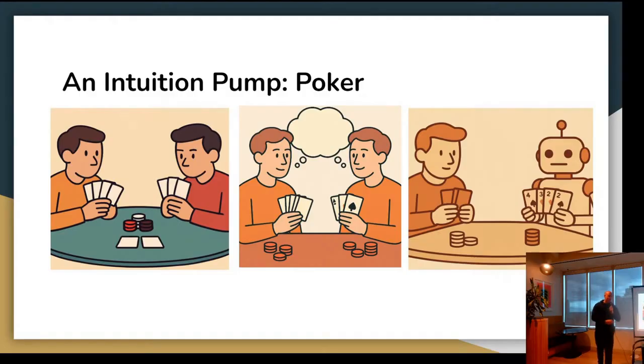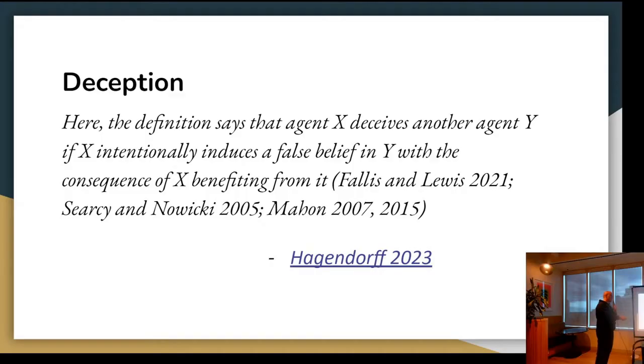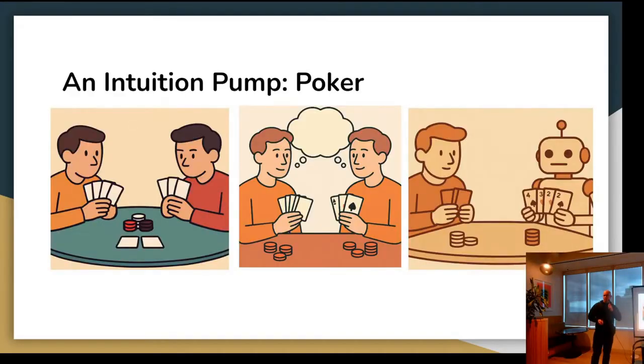One is deception is encompassed by this definition. Another is we don't want our LLMs to deceive us? Question mark? Maybe we do in some situations. But to the extent that we don't, one way of preventing them is by forcing this sort of self-other overlap. We're not forcing, we're training them into self-other overlap in this way. I suspect that this is going to reduce the amount of deception.